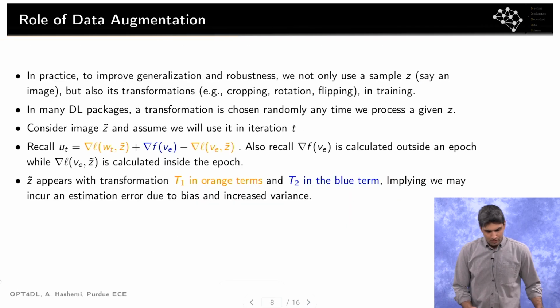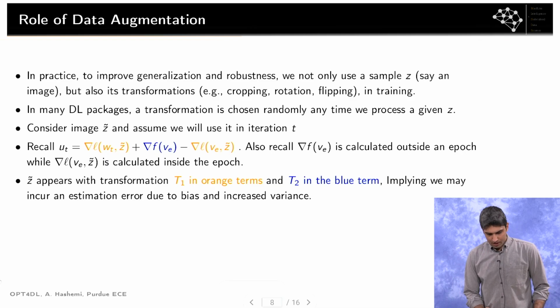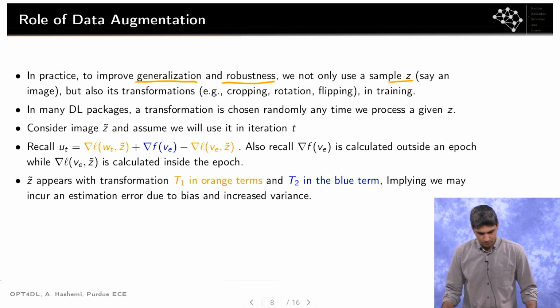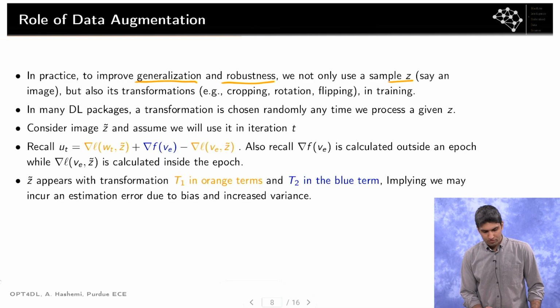Okay, so let's talk about data augmentation a little bit more. In practice, for reasons such as improving generalization and improving the robustness of our model, we not only use a specific sample Z, for instance an image, but we also use its transformations in each iteration.